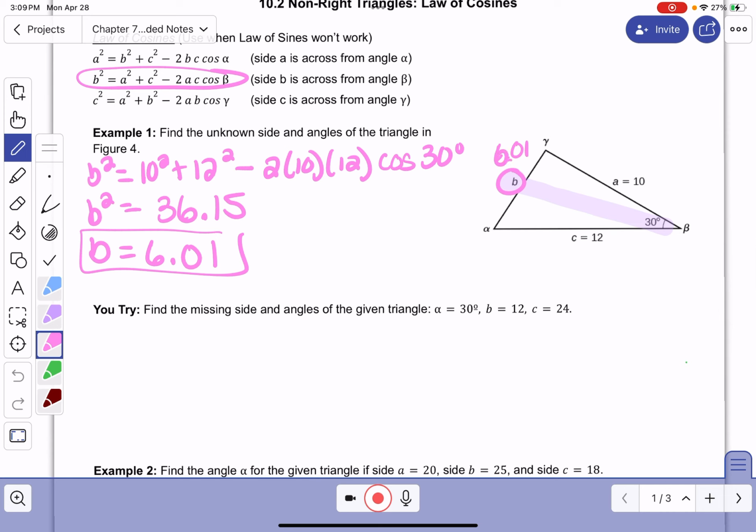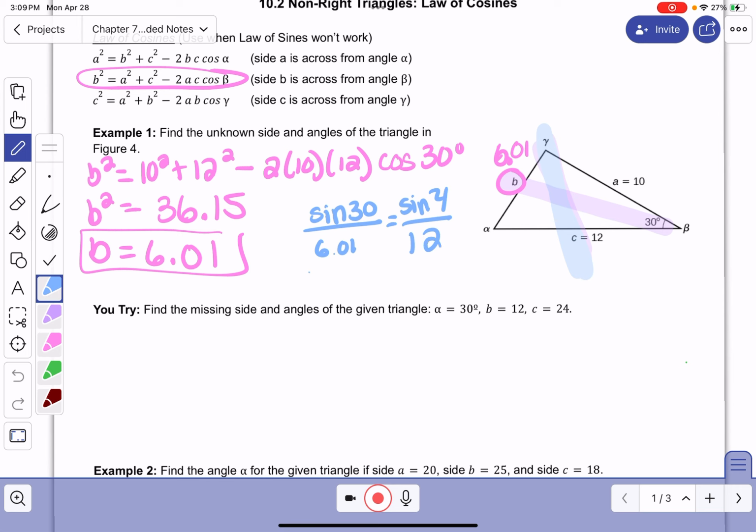Now that we've found one of the sides, we can either keep going or we can revert to law of sines and say, hey, now I have one pair, so let's find this angle. So from the purple, we have sine 30 over 6.01 equals sine of gamma over 12.